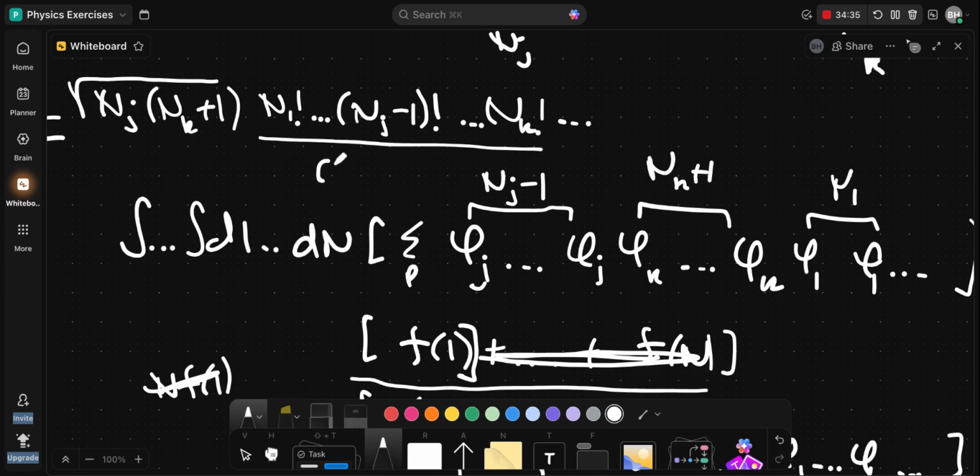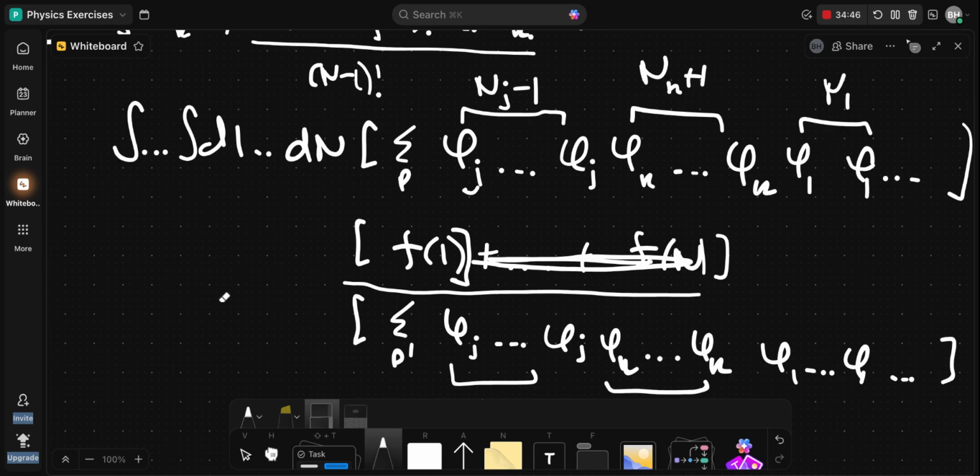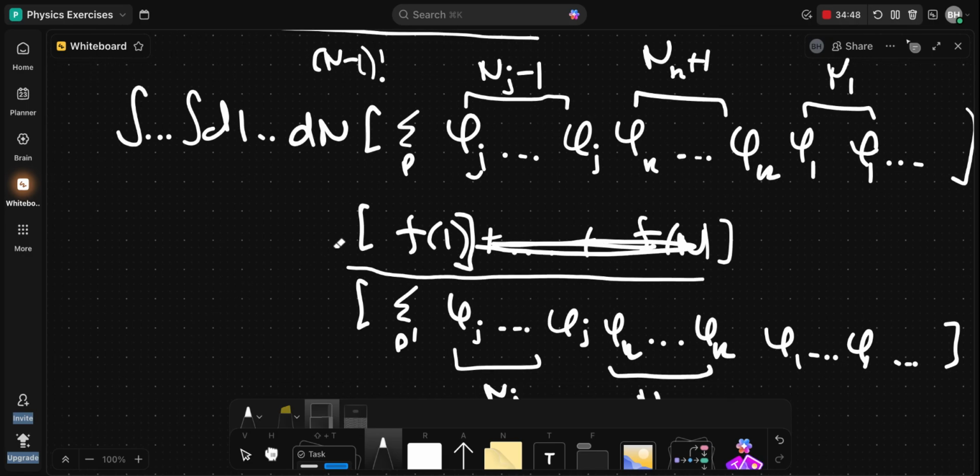So here I will have n minus 1 factorial. Okay, and then I'm going to erase these two, but you know that what I used here to make the first simplification step is the permutation symmetry of the one-body operator that we are using.